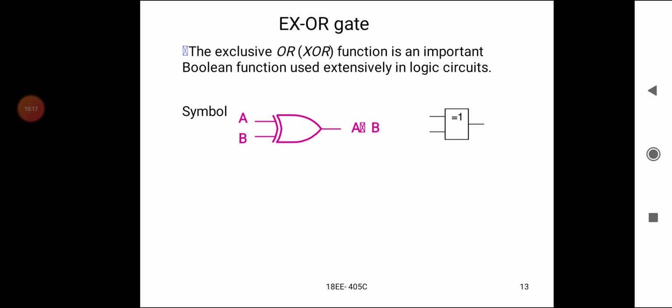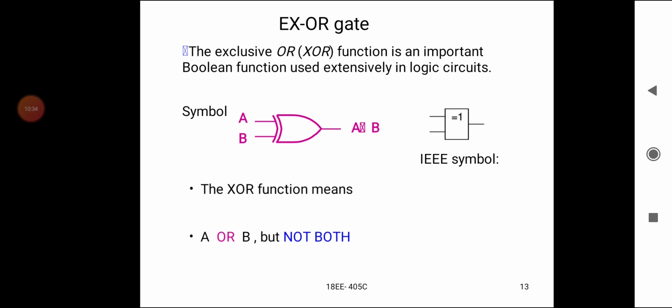If A, B are inputs, then Y equivalent to A exclusive OR B. A exclusive OR B means Y equivalent to A B complement plus A complement B. A or B, but not both.